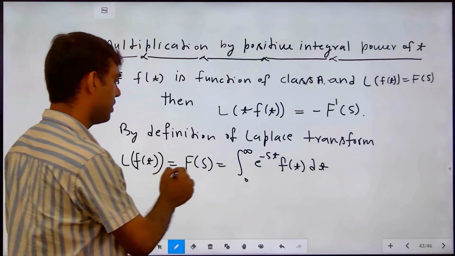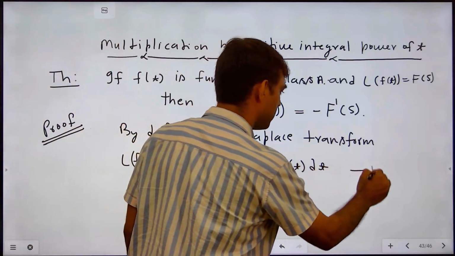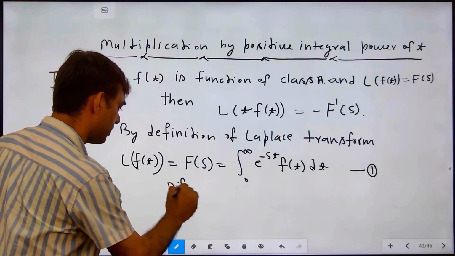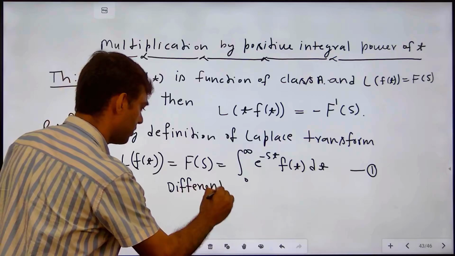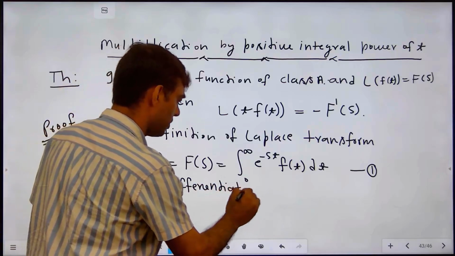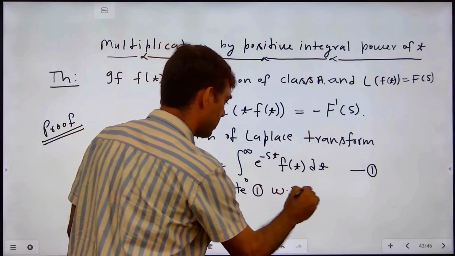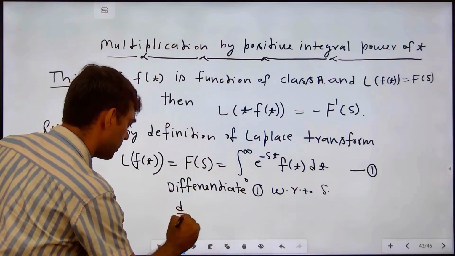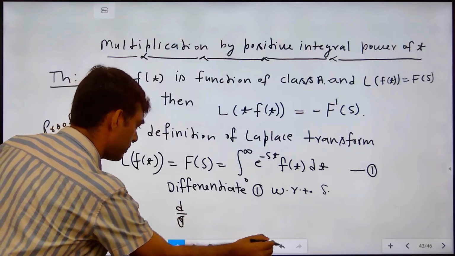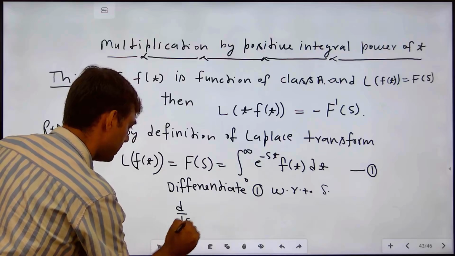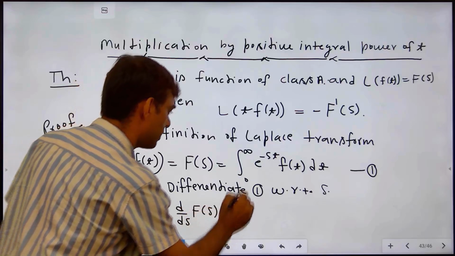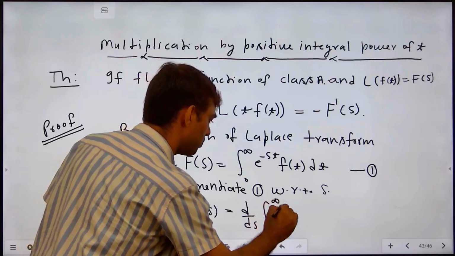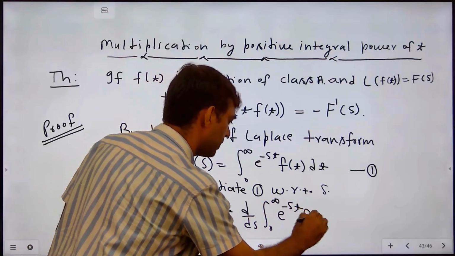Suppose we call this the first equation. Now we differentiate this expression with respect to s. So, d by ds of F(s) equals d by ds of the integral from 0 to infinity of e to the power minus st f(t) dt.